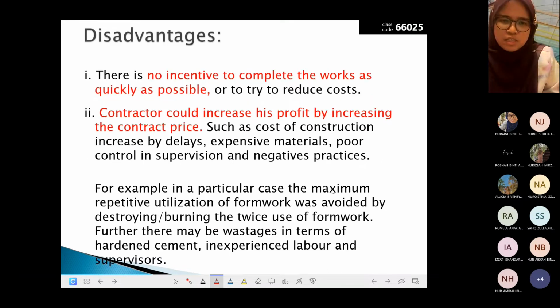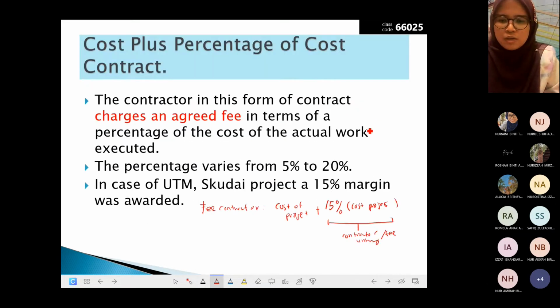So there is no incentive to complete the work as quickly as possible. Okay, because the contractor already knows, whether he finishes early or late, his fee is 15% anyway. The same, right? Unless he finishes quickly, he gets 15%, then he can do the next project.